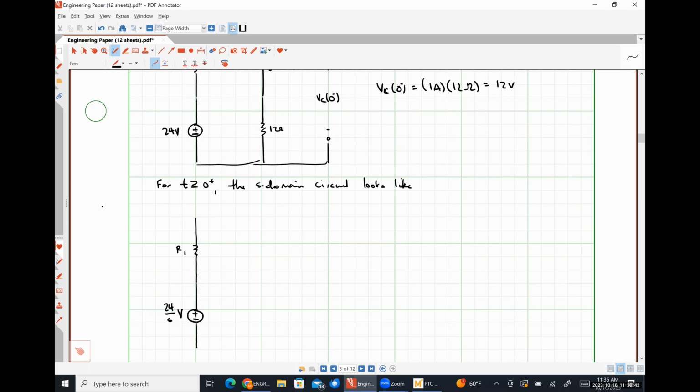So we don't care what it was doing prior to that. It's just going to look like 24 volts from t equals 0 and on, which is exactly what a unit step function would represent. My 8 ohm resistor is shorted out because the switch is closed.